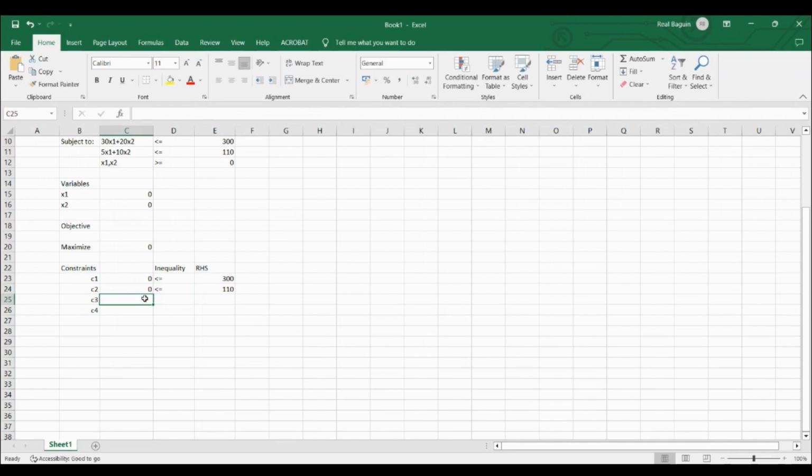And we also have our third constraint, x sub 1, with the inequality greater than or equal to 0. And lastly, our fourth constraint, x sub 2, that is also greater than or equal to 0.